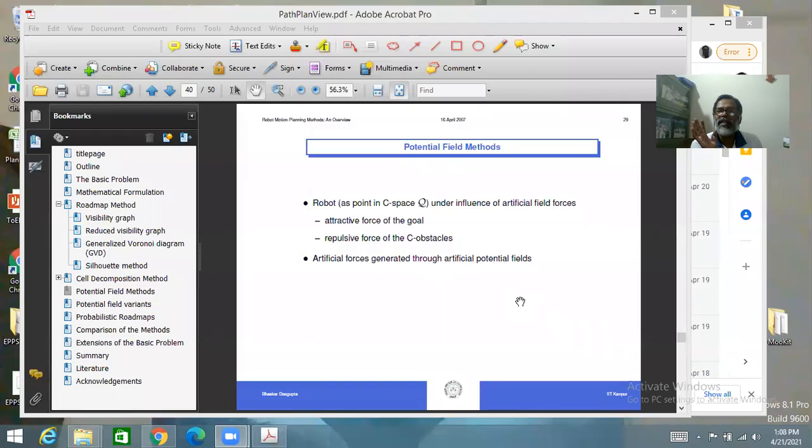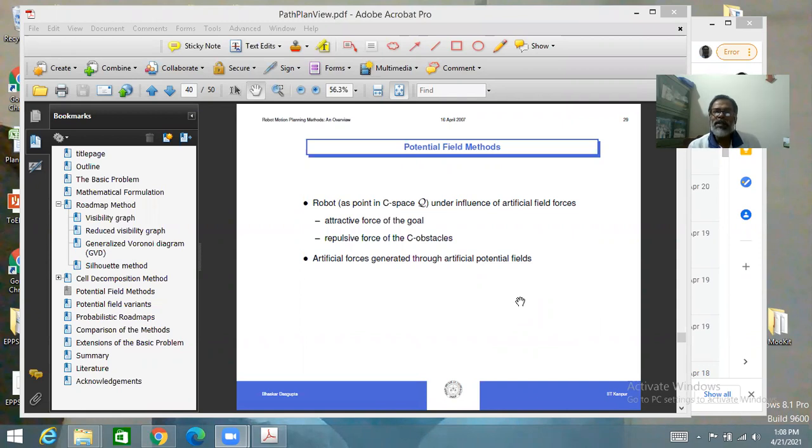Okay. So the potential field methods are actually, in a way, the simplest kind of methods that you can think of from a school physics background. You want the robot to reach the goal, and you want the robot to avoid the obstacles on the way.